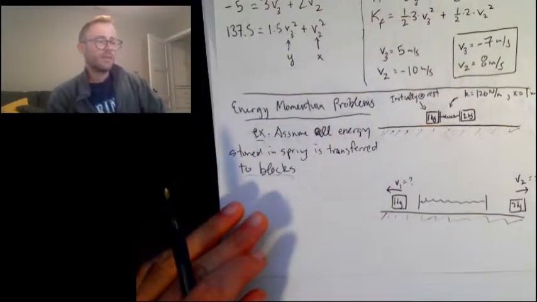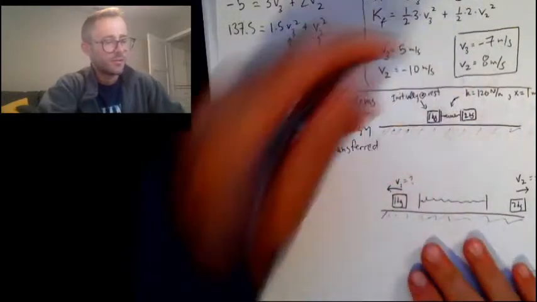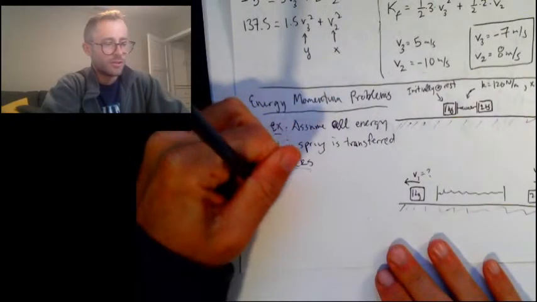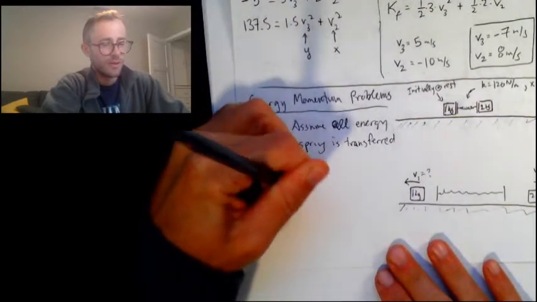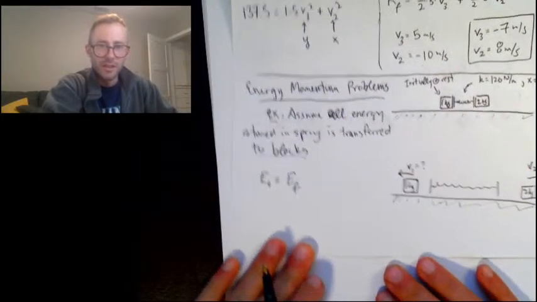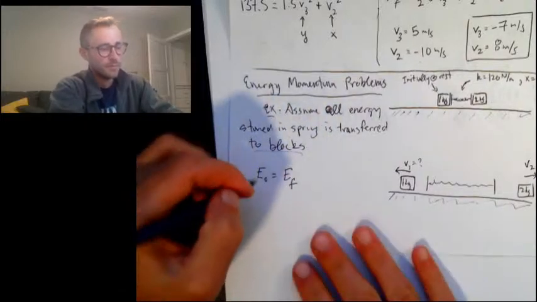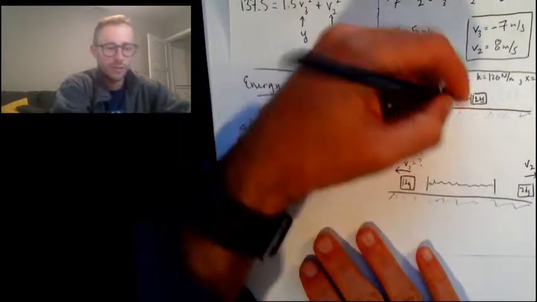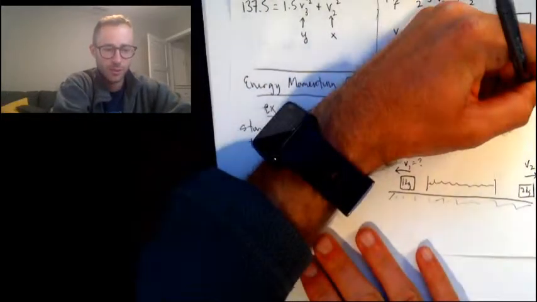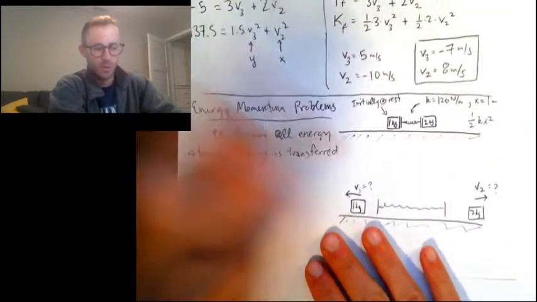So basically, one of our equations is going to be E initial equals E final. So the initial energy is all elastic potential energy. It's 1/2 kx squared, because there was no kinetic energy.